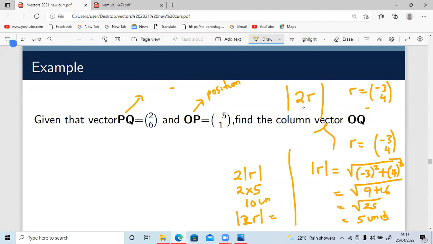So can you first get what is 2R? It's -6, 8. Then this is what you use to get the answer. Is it fine? Yes.